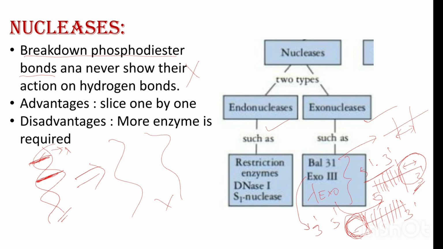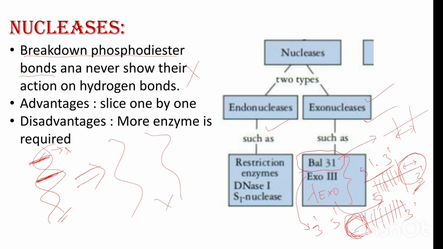Next, coming to endonucleases. Before going to endonucleases, I have told you that BAL31 is used when our gene of interest is located in the middle of a stretch of DNA. So you all might have a doubt: why is it a type of exonuclease?